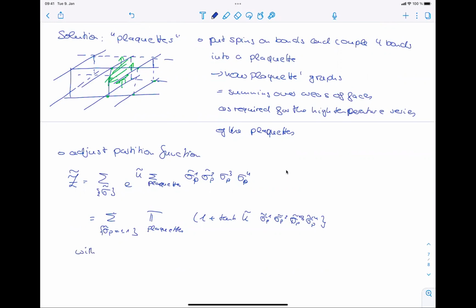Now, looking at the mapping, I arrive at this: the high temperature series expansion maps onto the low temperature original Ising model expansion, with the same relationship between the coupling constants as before.